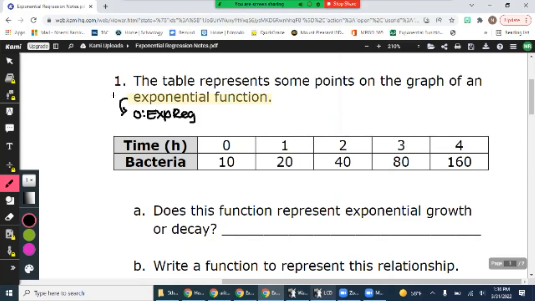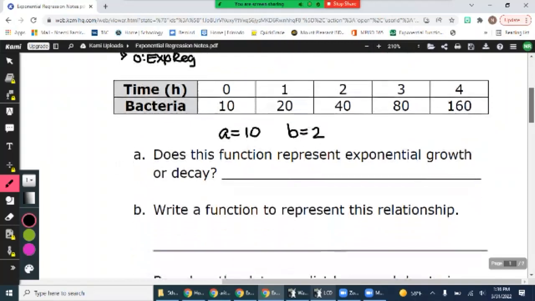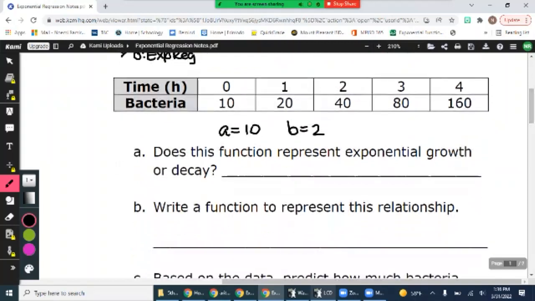Anybody need more time? So what did you get for A? A is 10 and B is 2. There are a couple of different ways that you can tell whether it's growth or decay. First of all, which one of these numbers tells you if it's growth or decay, A or B?